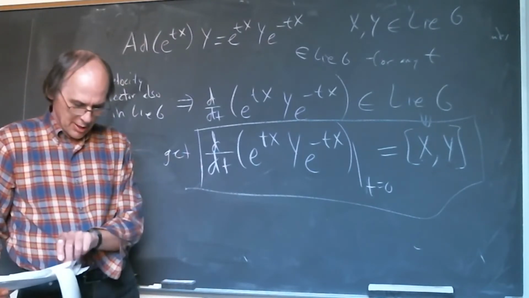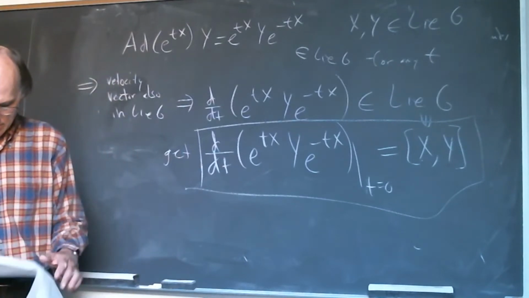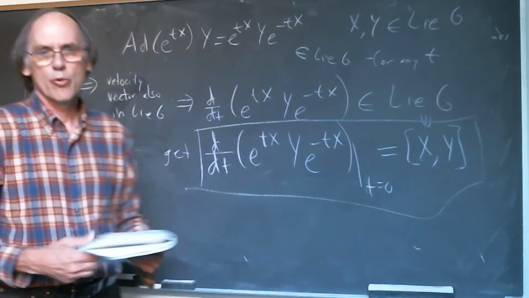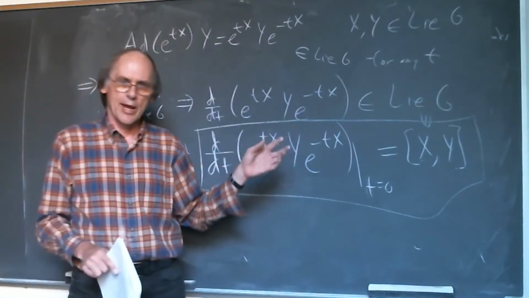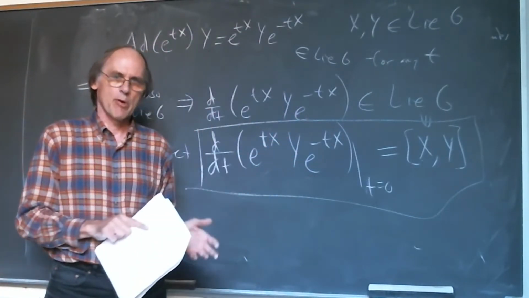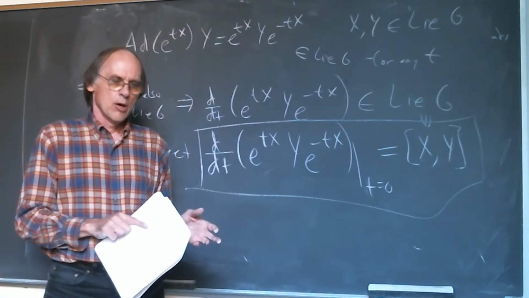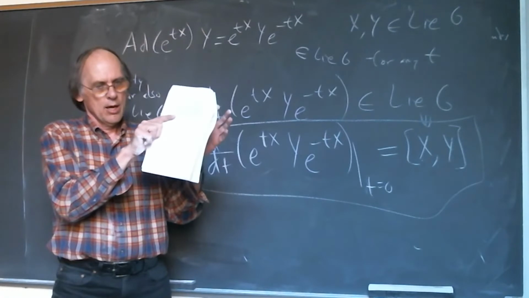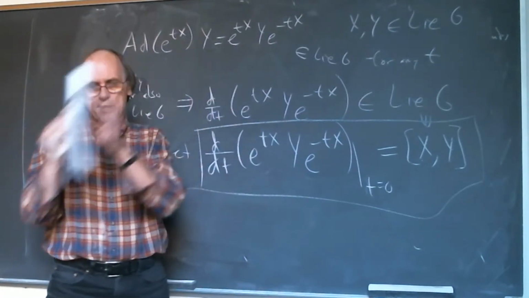Okay, so now let me finish up. Let me go back to what I did right at the beginning, where I told you that a representation was a homomorphism from G to gl(n,C).